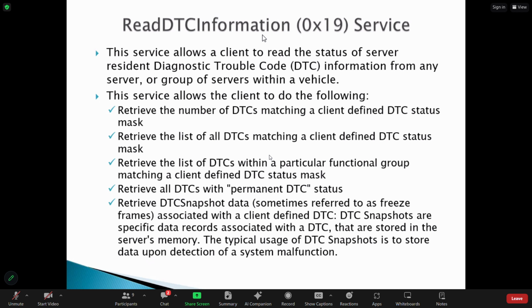If they ask us to store 15 parameters, we will write code to store those 15 snapshot records. So that depends on the OEM. If the OEM tells us what snapshot or extended data record has to be stored, we will develop code accordingly. Is it clear, guys?